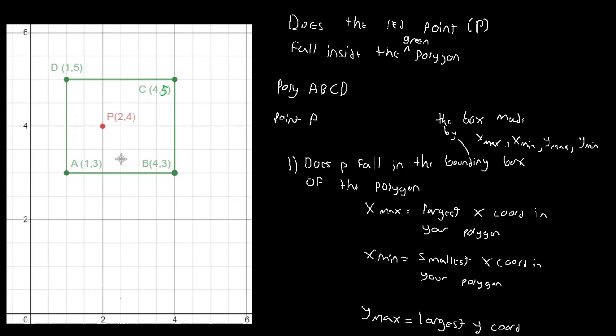The way you would approach this is we would turn P, the point, into a line.